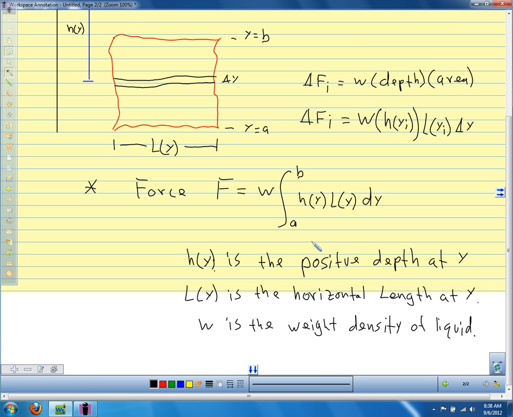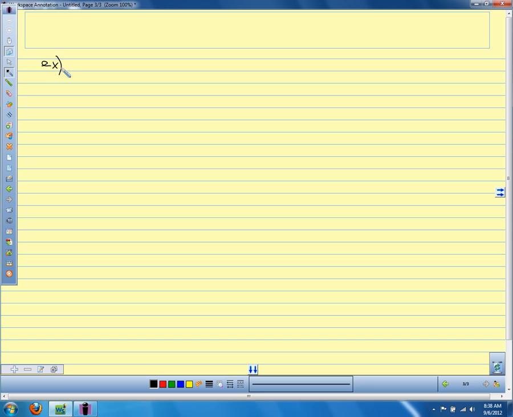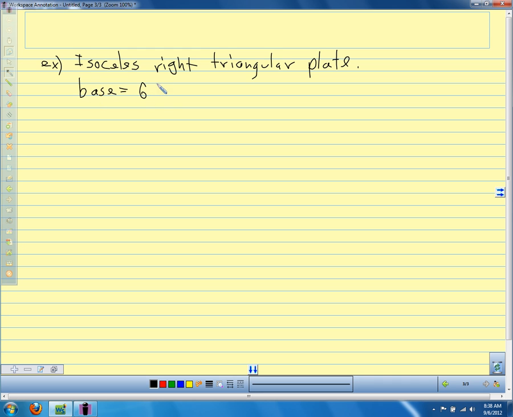All right, let's look at a couple of examples of working with fluid pressure. For our first example, we have an isosceles right triangular plate. Its base is 6 feet, and its height is 3 feet.